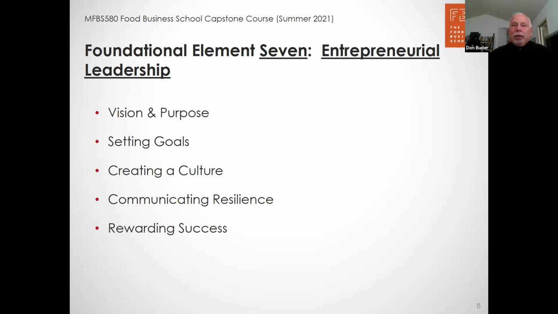And so we have to make sure that we're rewarding success at the right times, to the right degree, to maintain the enthusiasm and the commitment and the motivation and the incentive for the stakeholder, primarily the employee, to continue to perform with and for you at a very high level.